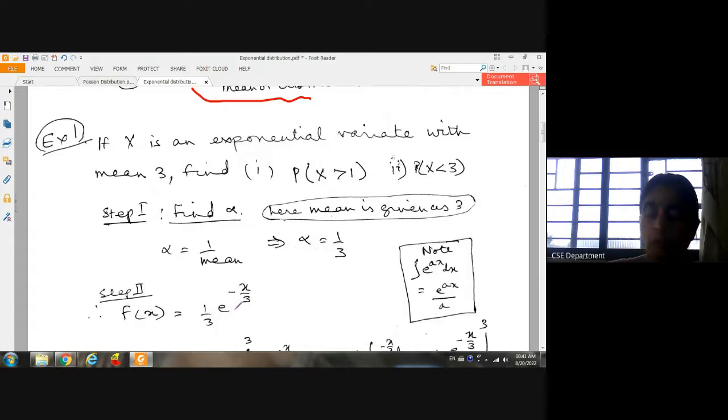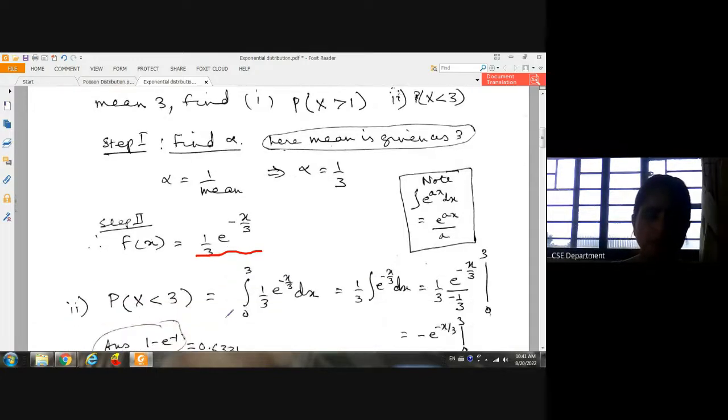So this is the formula. This f(x) is this formula only when x is greater than or equal to 0, that is 0 and positive values. For any negative x you input, f(x) is 0.